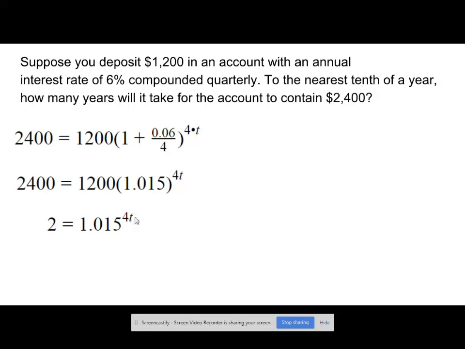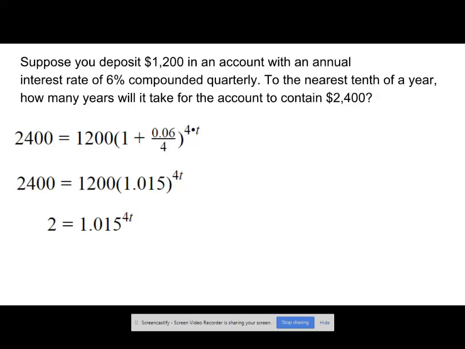Now I need to deal with this exponent. This should look similar to the one we were just doing, where I had 3 to the x power equals 7. Very similar problem now. I can address this by taking the logarithm base 10. I'm choosing base 10 for the calculator.